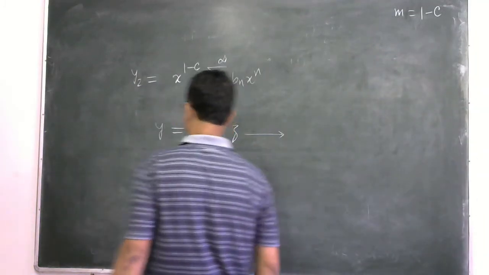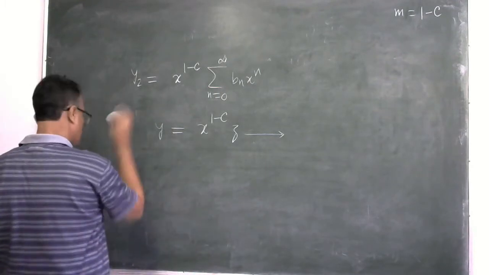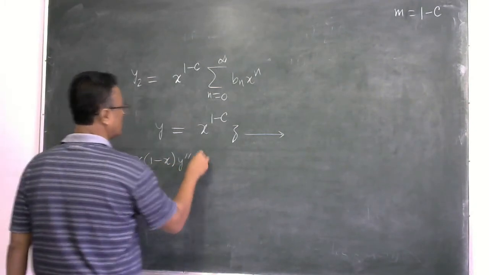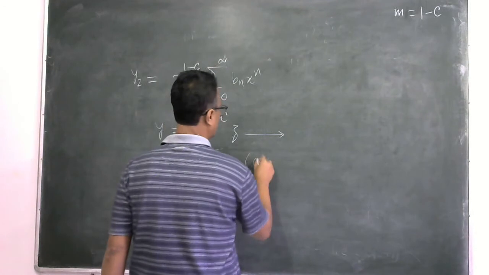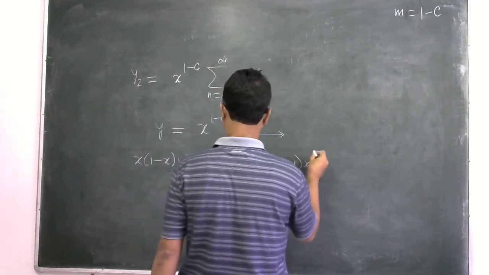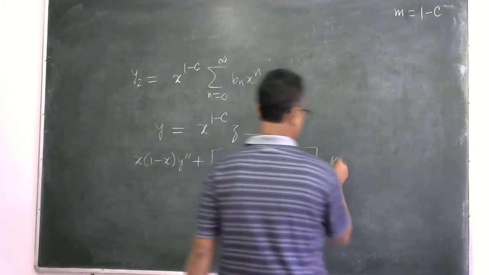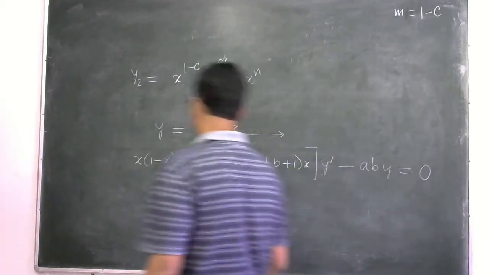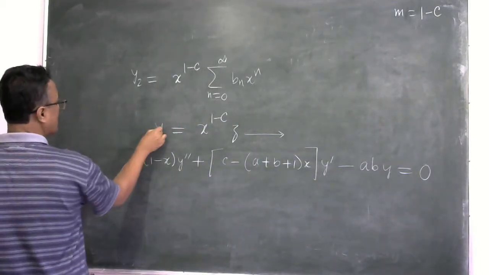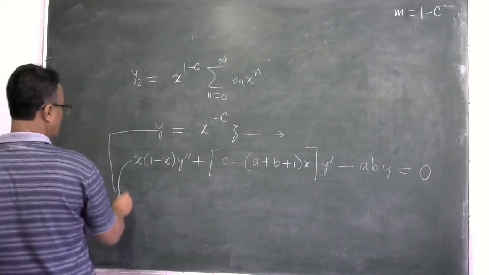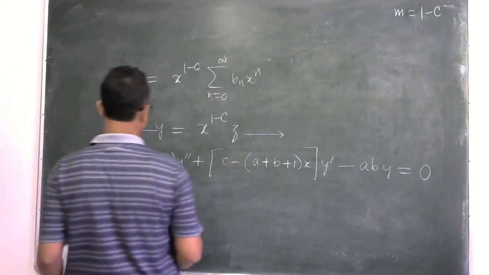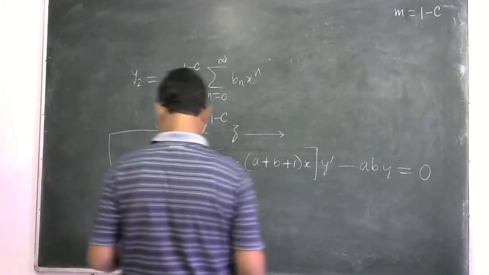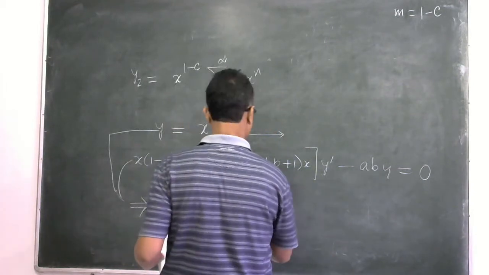Under this transformation, you will see that this equation reduces to x into 1 minus x z double prime, and this part remains the same.